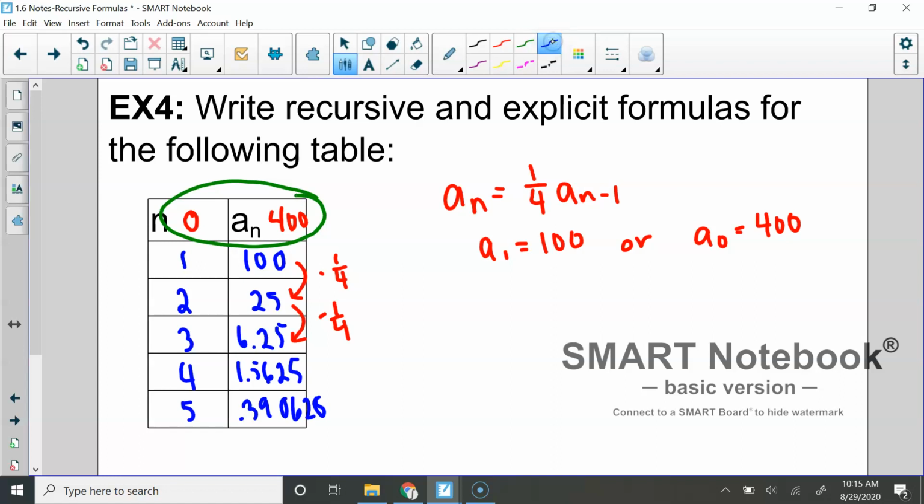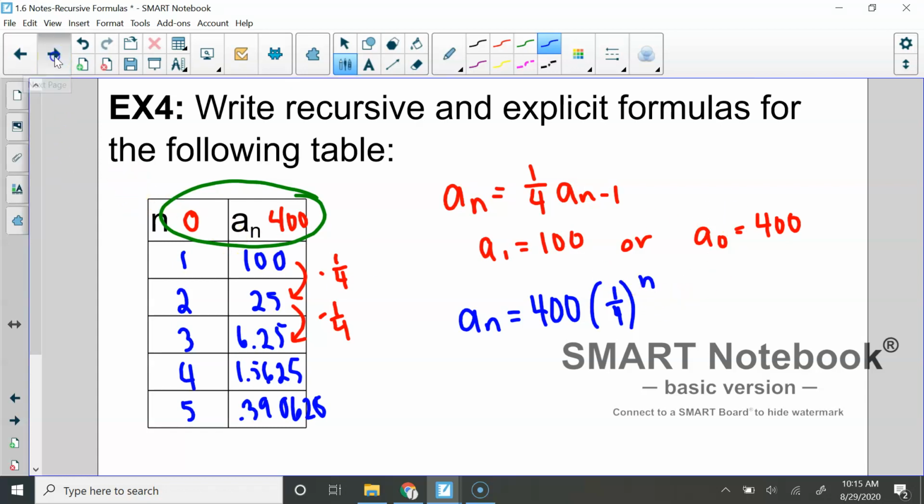Because to write this formula, you would say a sub n equals 400 times 1/4 to the n power right here. So we would want to use that 400 instead of the 100 in this particular case. Now IXL does something a little bit different here. I'll show you in a minute, but this is what we would want to use.